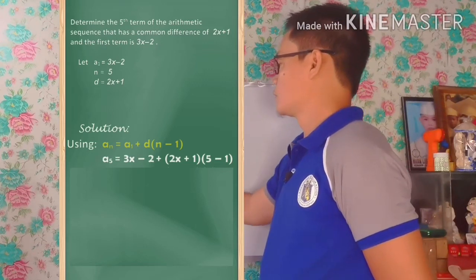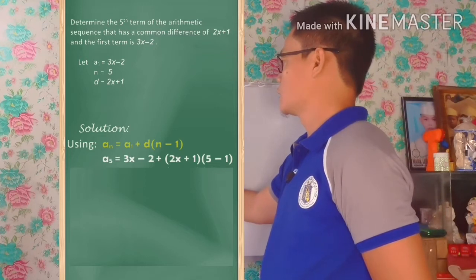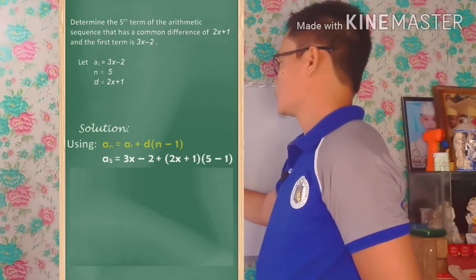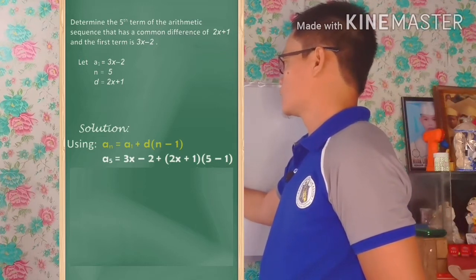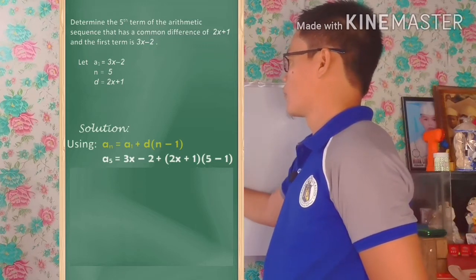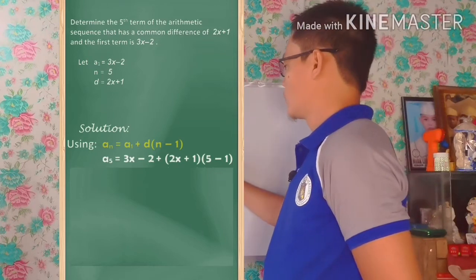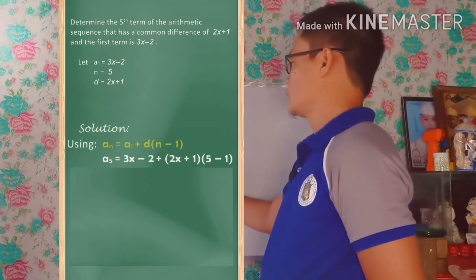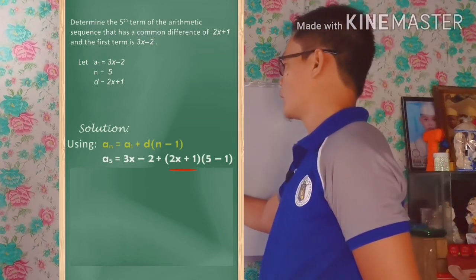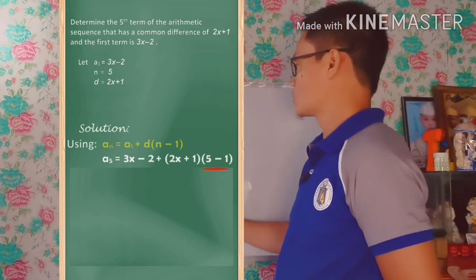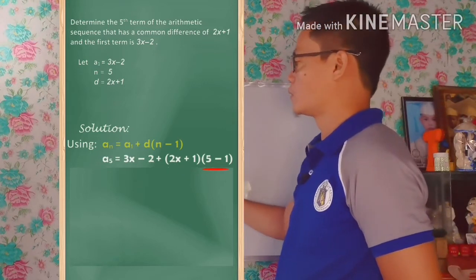A sub 5, the first term is 3x minus 2, then added to the common difference of 2x plus 1, multiplied by n minus 1, which is 5 minus 1.